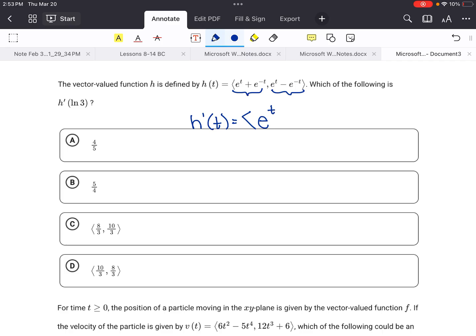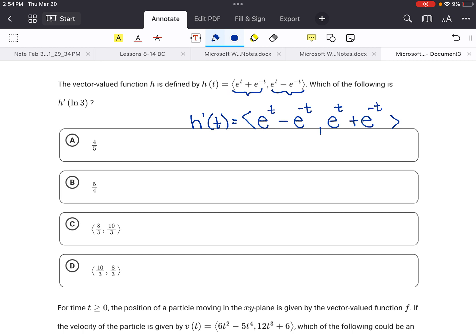Derivative of e to the negative t is itself times the derivative of the exponent. So you end up with plus e to the negative t times negative 1, so there's that. Second part, derivative of e to the t, and then the second one is itself times the derivative of negative t.